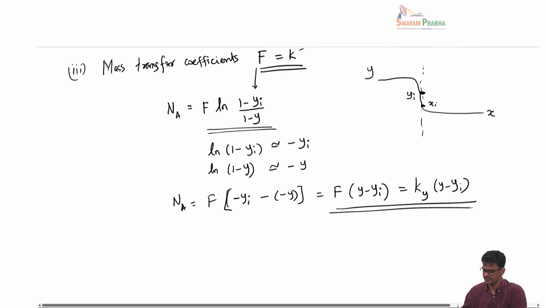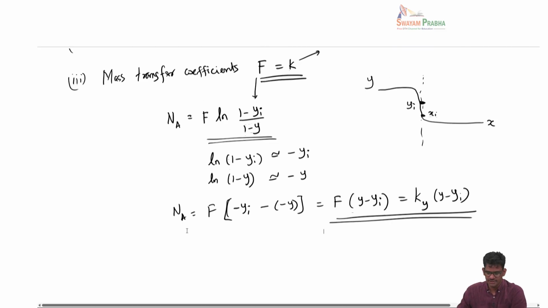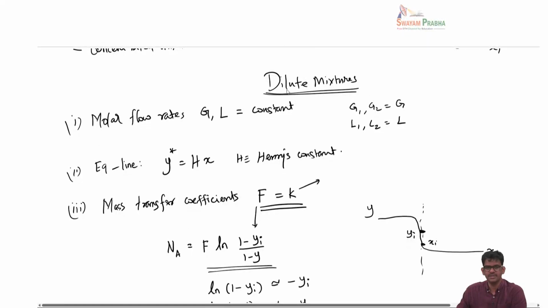Okay, so because of this relation, we can use F type and K type coefficients interchangeably as long as you are dealing with dilute mixtures. Okay, so these are the three advantages that we have by assuming dilute mixtures.